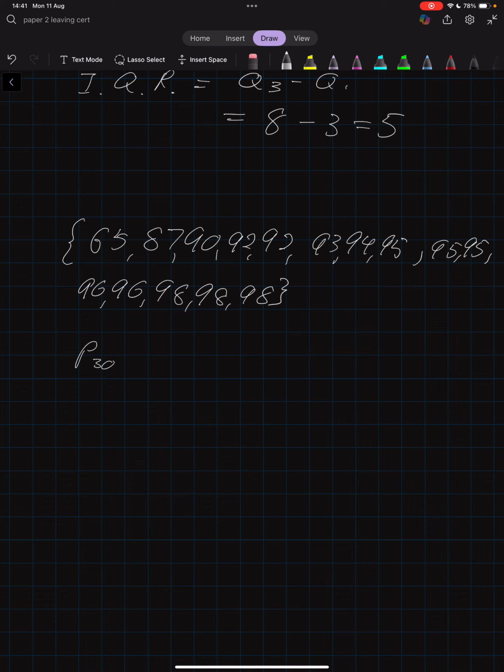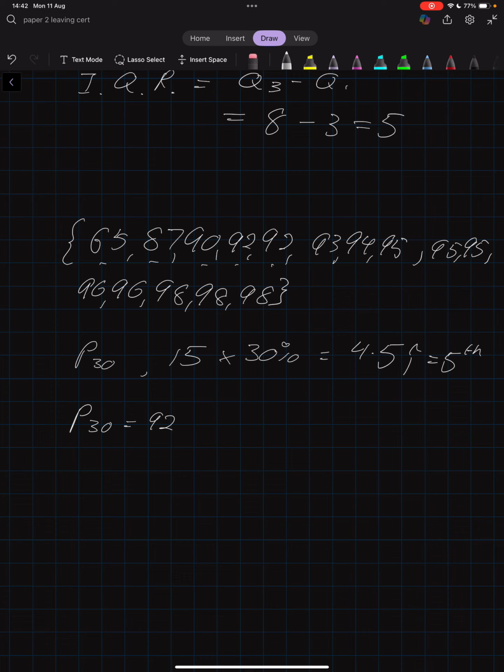First of all, you say, well, there's 15 different things. So do 30% of it. 30% is just 3 over 10. So you end up with 4.5. 4.5 isn't a whole number, so you round up. So it's the fifth. So 1, 2, 3, 4, 5. So you end up that the fifth value is 92. And therefore P30 equals 92%. So if you're 92, then that means that you're in the 30th percentile.